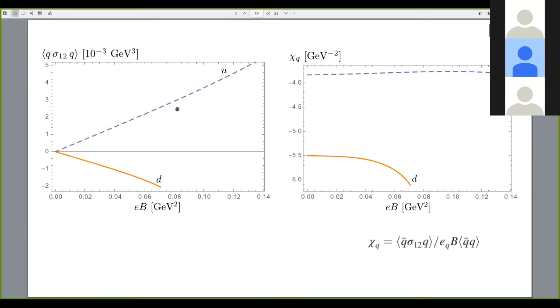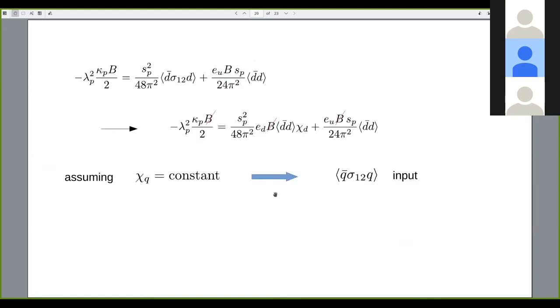Most of works consider this quantity, the susceptibility of this condensate, as the same for U and D. So we respect the difference between up and down for protons and neutrons, and in fact we obtain different values, all in the acceptable range.